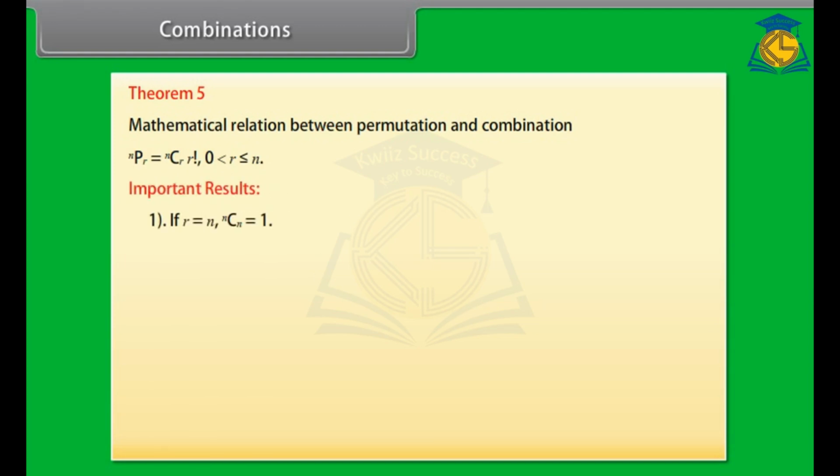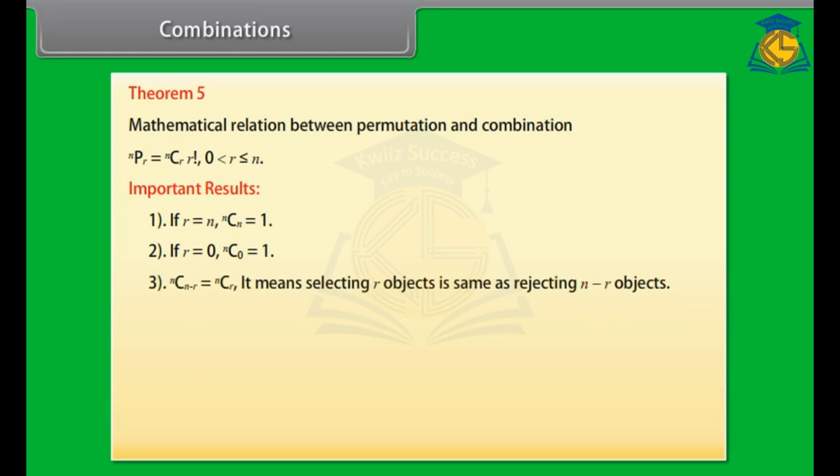If r is equal to n, nCn is equal to 1. 2. If r is equal to 0, nC0 is equal to 1. 3. nC(n minus r) is equal to nCr. It means selecting r objects is same as rejecting n minus r objects.